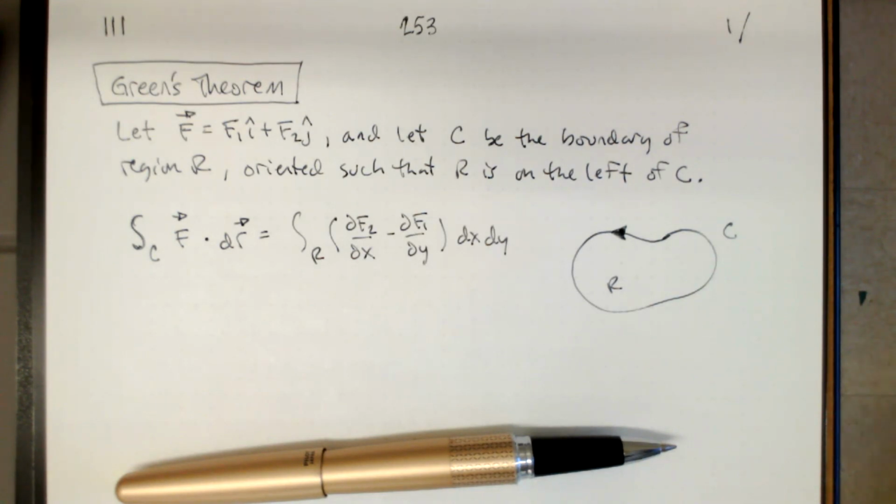This expression, partial F2 with respect to x minus partial F1 with respect to y, is the scalar curl of the vector field F.